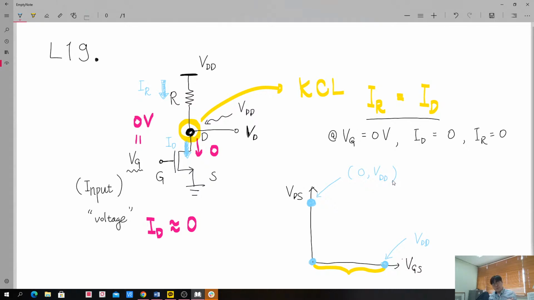In order to satisfy this condition, our output voltage should be VDD. That is my explanation. Please leave your message whether you have understood my previous explanation or not. Since this is important, if you don't understand, then I have to repeat it again. So please everybody leave your message.